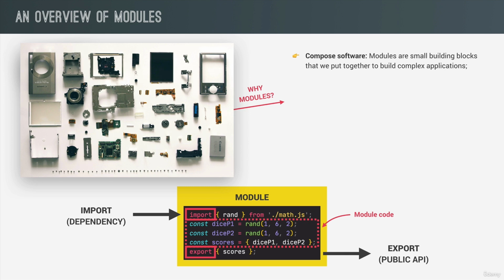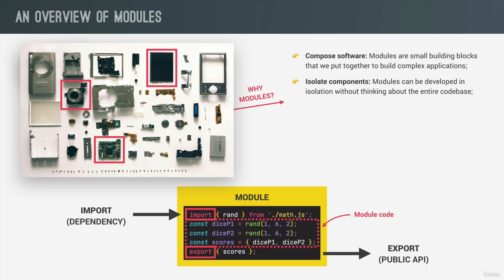So you can have one engineer working on the lens, and another one on the screen, and even another one on the controller module. And the best part of this is that each engineer can actually work on their own module without even understanding what the other engineers are doing, and also without understanding how the entire final camera works itself. And so, isolating components is another huge advantage of using modules.